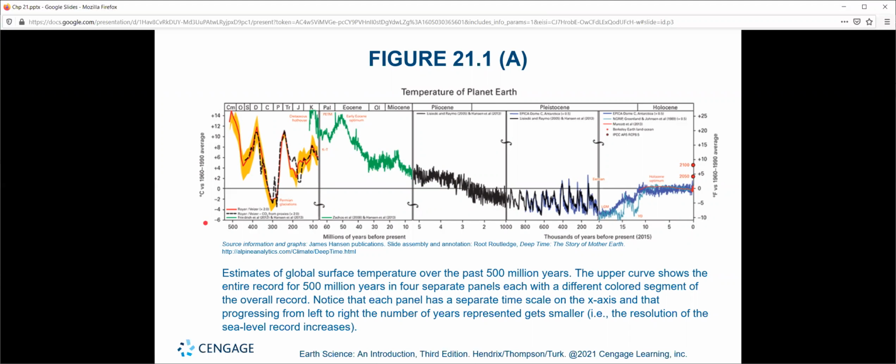Here we have a very large and somewhat confusing, you could argue, chart comparing temperatures. The y-axis on the far left shows degrees Celsius versus the average temperature from 1960 to 1990, so this would be your average global temperature at 0. Then this would be hotter and colder in Celsius, and hotter and colder in Fahrenheit, measuring the same thing by 2 different scales.